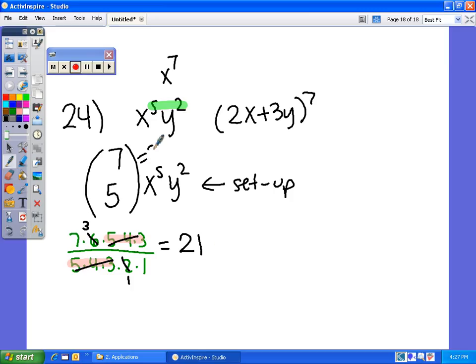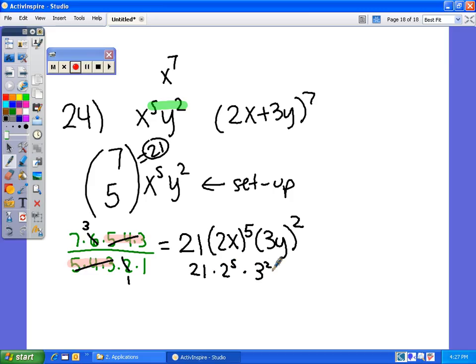So this whole thing is 21. Now x is going to be replaced with 2x, and y is going to be replaced with 3y. So now I'm just going to work it out. 21 times 2 to the 5th times 3 squared. Well, I know that 2 to the 5th is 32.